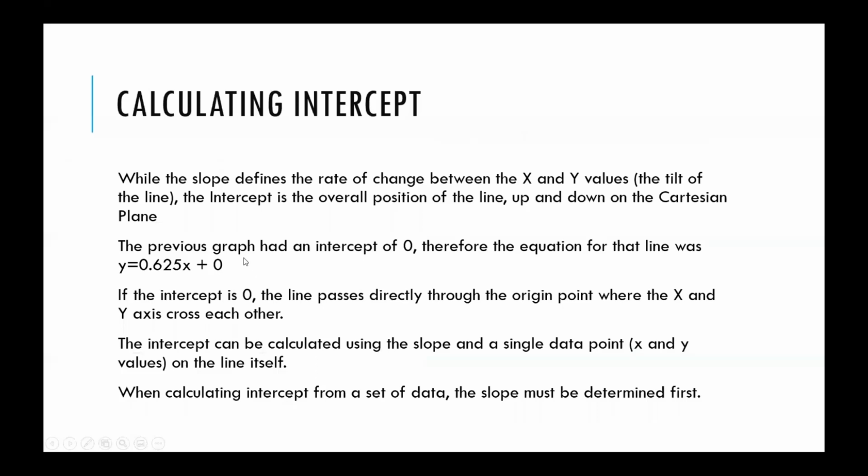But not every graph will cross the y-axis at the 0 mark. It will have an intercept associated with that. And to calculate that just from the numbers, just from the data point, all you need is a single data point, one xy value, and you should have the slope as well.